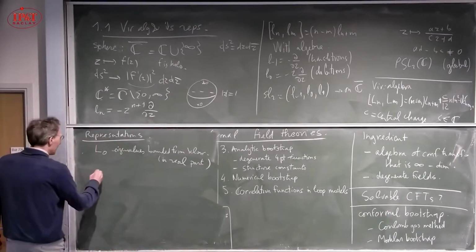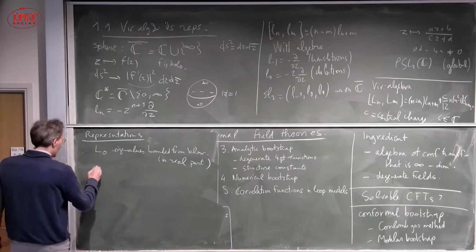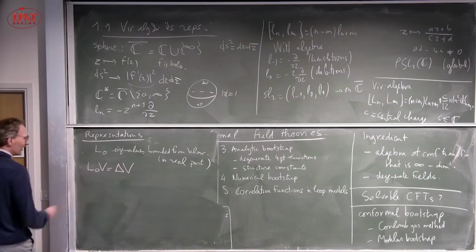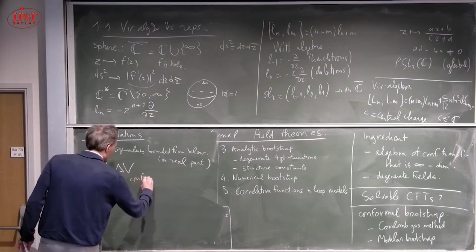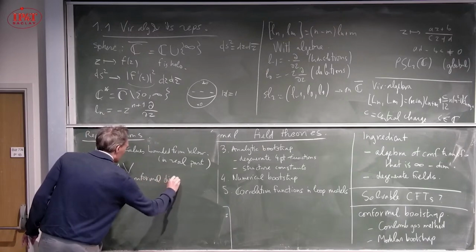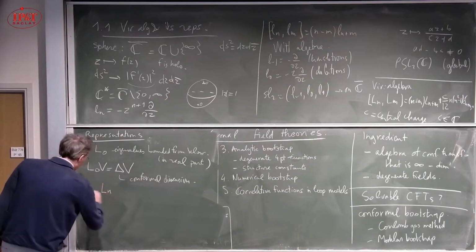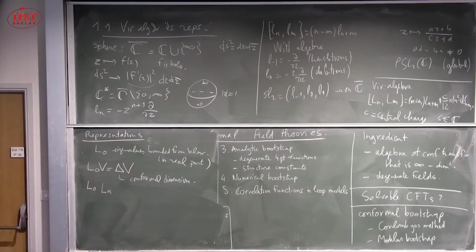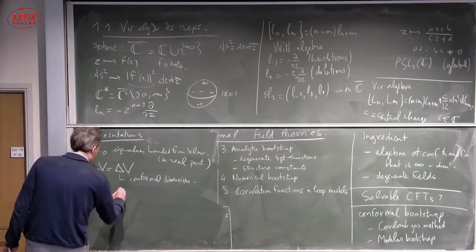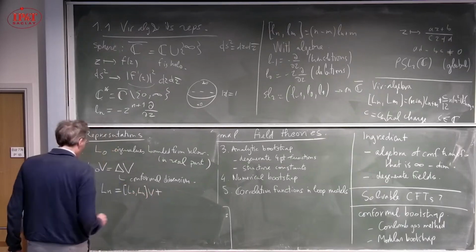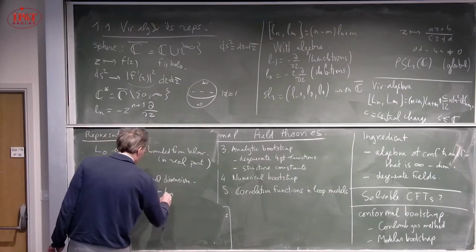So let's call an L_0 eigenvalue a conformal dimension. Let's say we have a vector v which is an eigenvector of L_0, with eigenvalue delta. So delta is called the conformal dimension. Let's see how this conformal dimension behaves when I act on v with some Virasoro generator L_n. First, a technical exercise, hopefully not excessively difficult. Let's write that as the commutator [L_0, L_n] v plus L_n L_0 v.